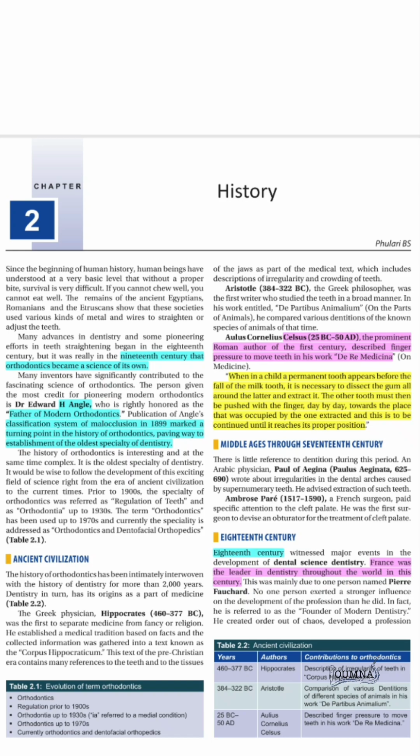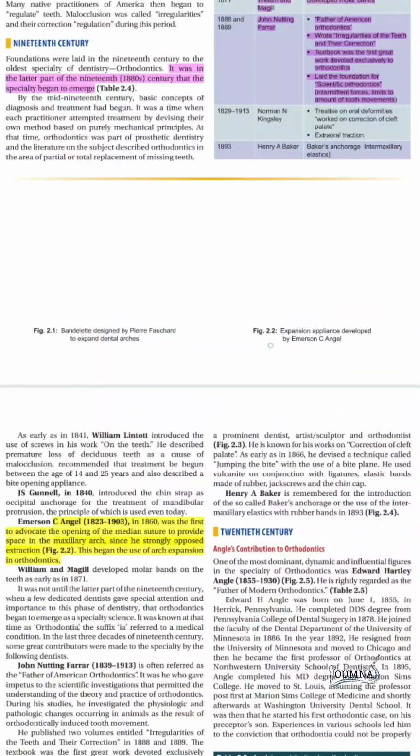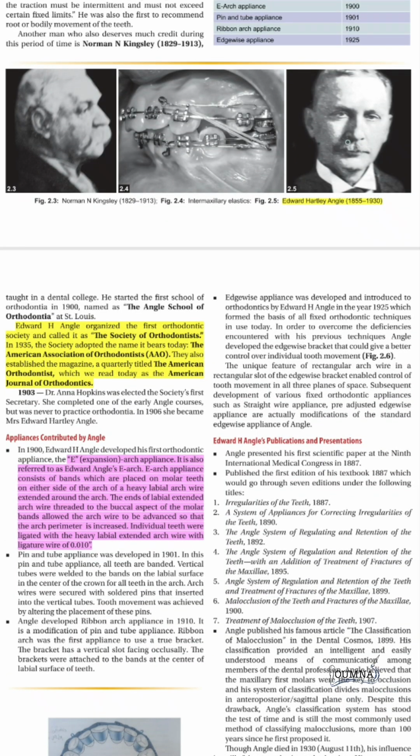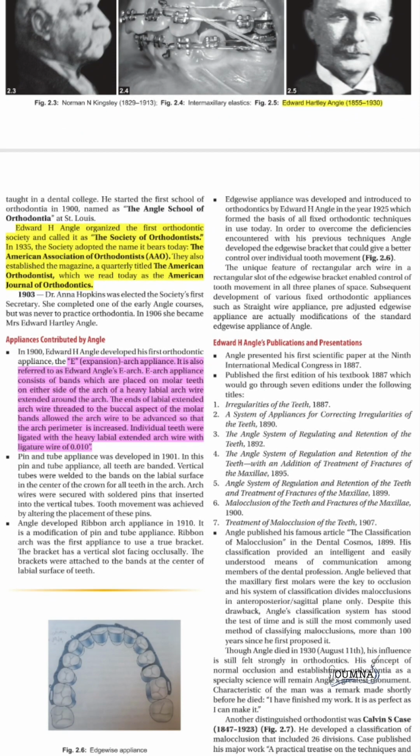He made the famous malocclusion classification, and this is Edward Angle. He organized the first orthodontic society and called it the Society of Orthodontists.